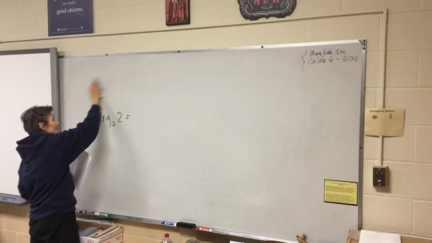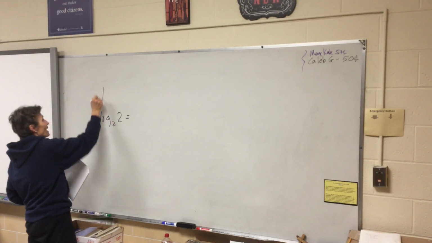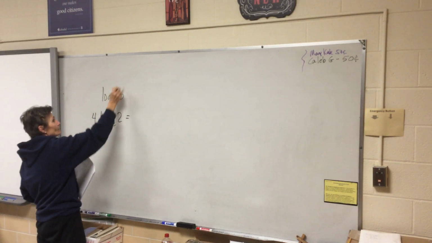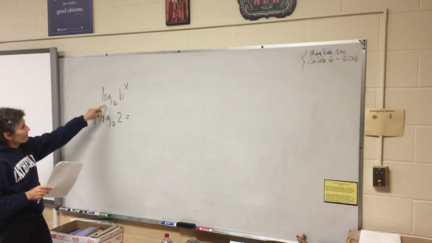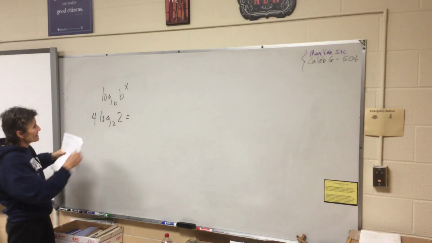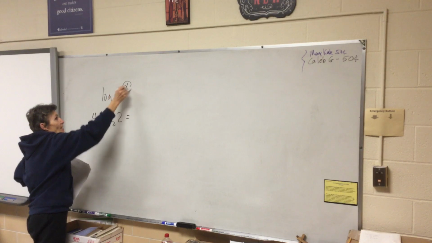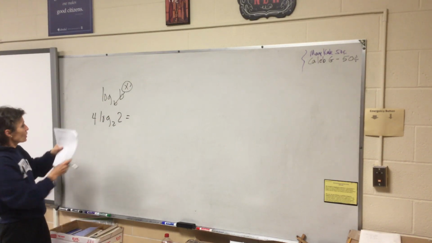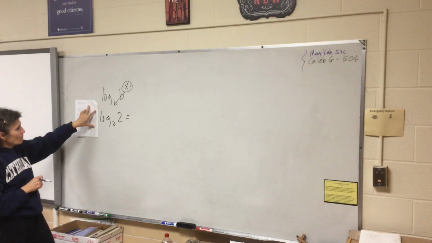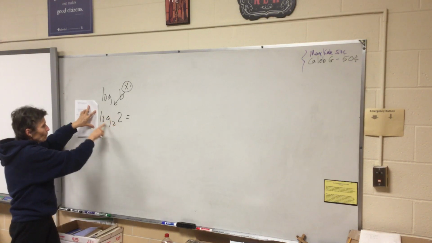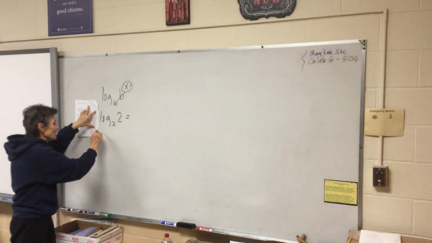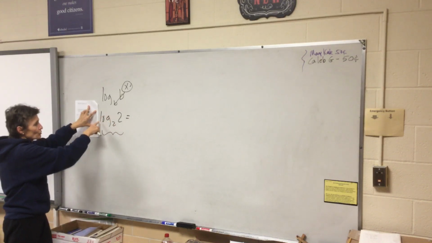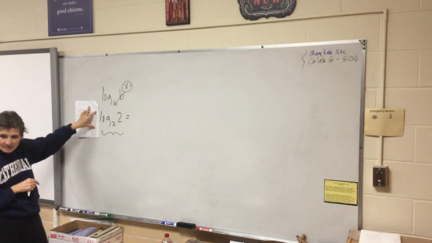That's the one we're going to use in a minute, but the one we're using now is this one. When you have log base b of b to the x, when these two numbers match, that is going to be your answer. So I'm going to cover up this 4 for a moment, and I'm going to look at what I have right here. Can anybody tell me what the answer to that part of the problem is?